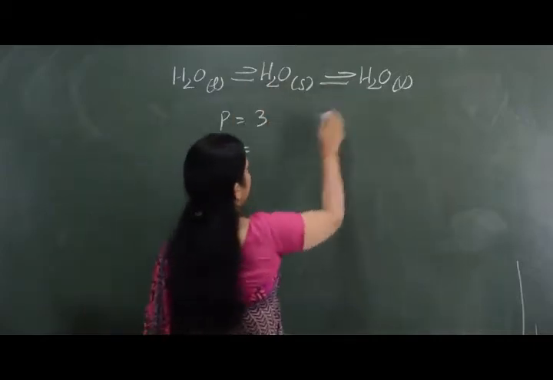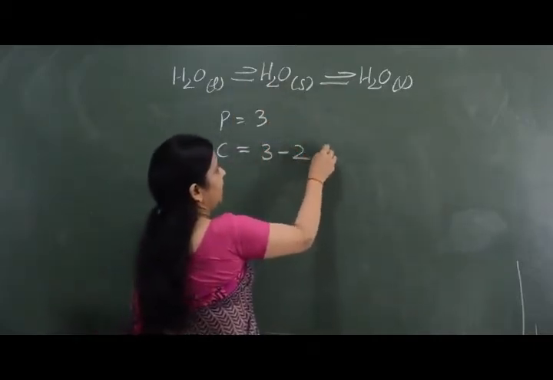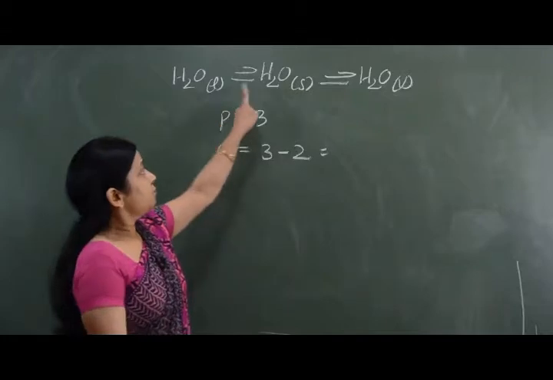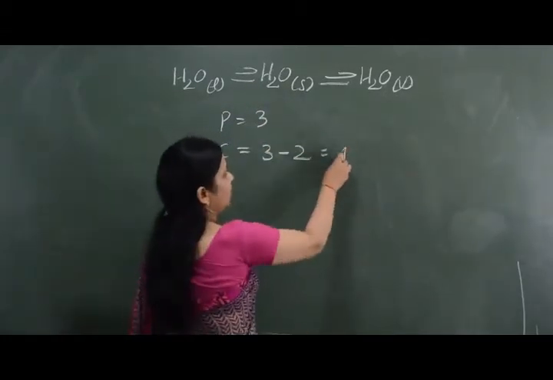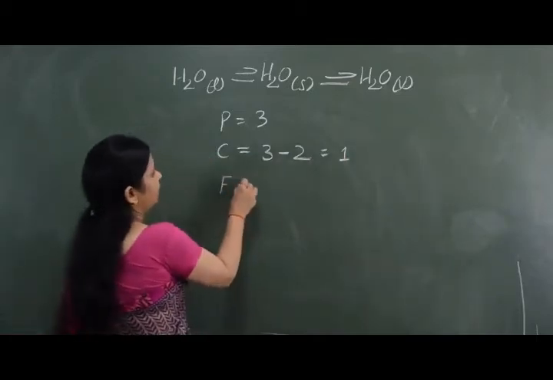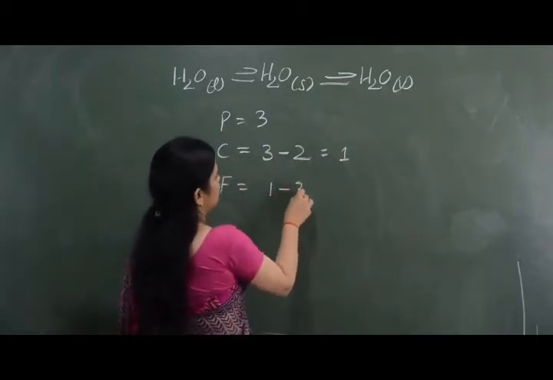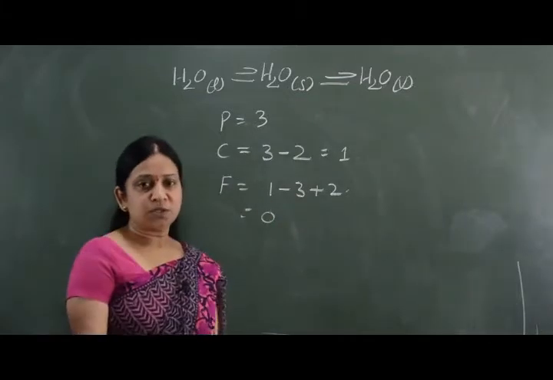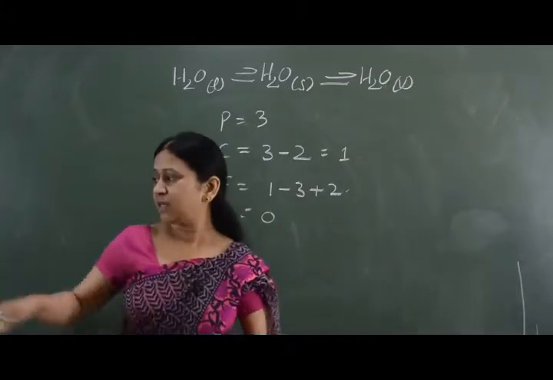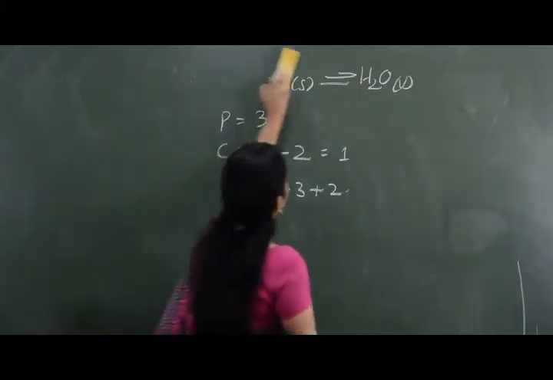Because we have 3 substances and they are related by 2 equations, because we have 2 equilibriums, so they are counted as separate equations. So the number of components is 1 and the degree of freedom is 1 minus 3 plus 2. So the degree of freedom is 0. So the system is non-variant. We take up another example.